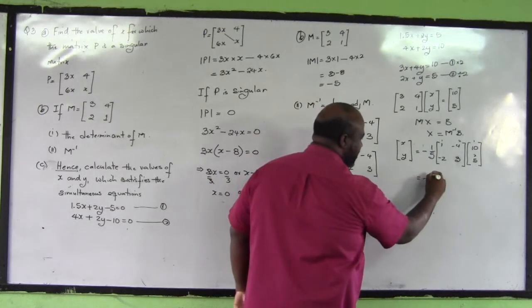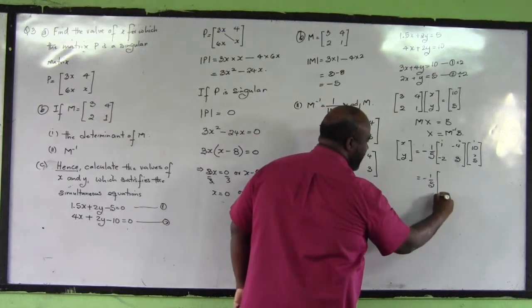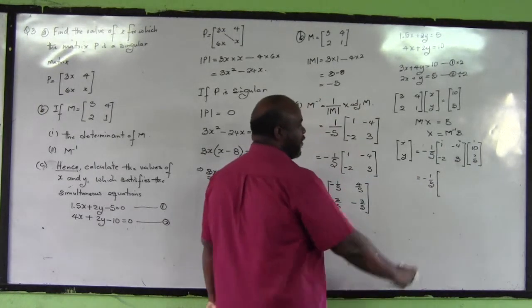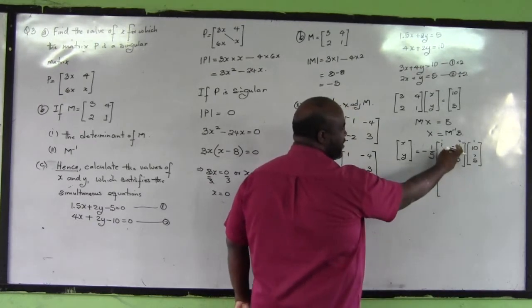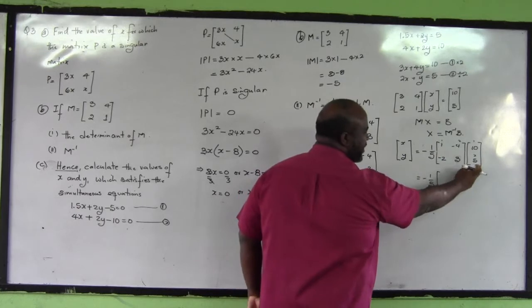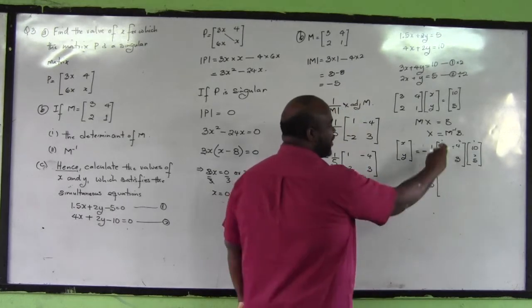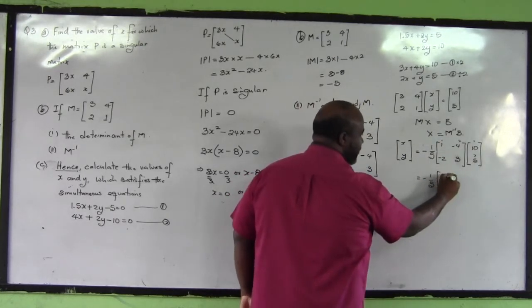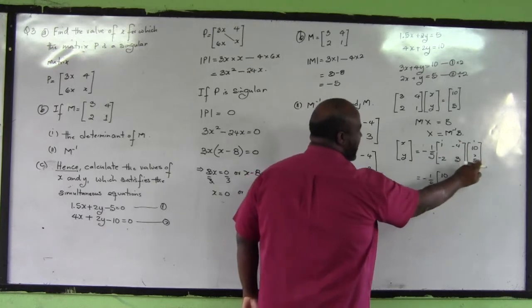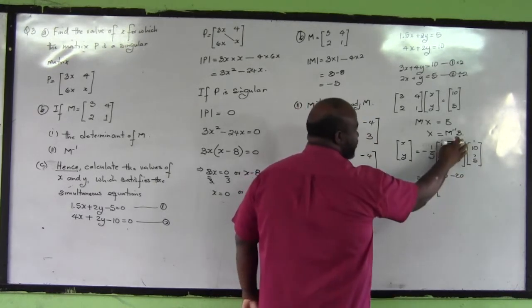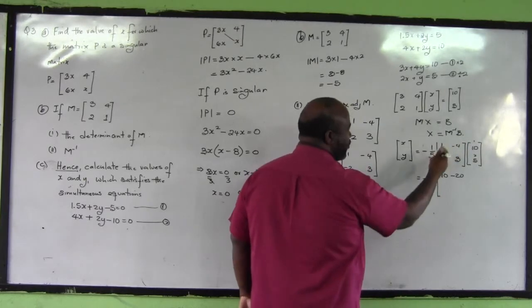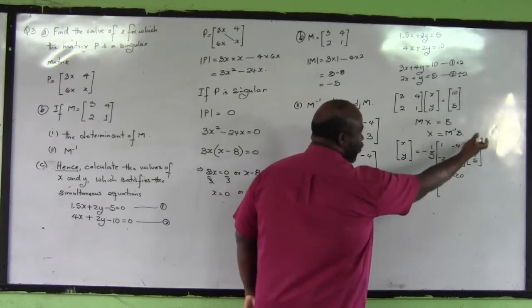So let's leave the fraction, minus 1/5. Let's multiply. First element in the row, first element in the column, second element in the row, second element in the column. What is 1 times 10? Minus 4 times 5. So that's what? The top row by the 1 column.